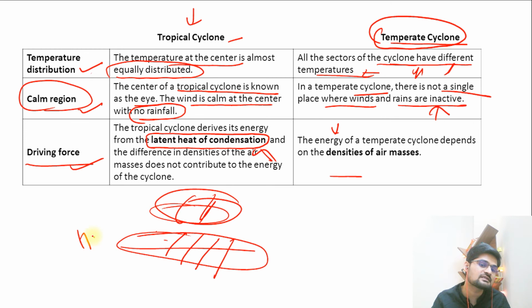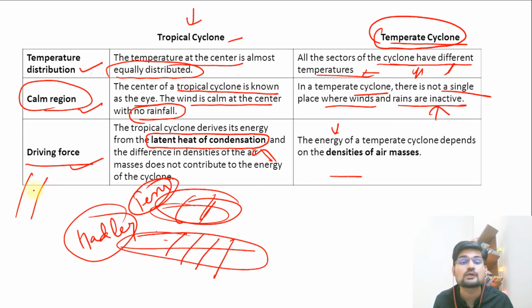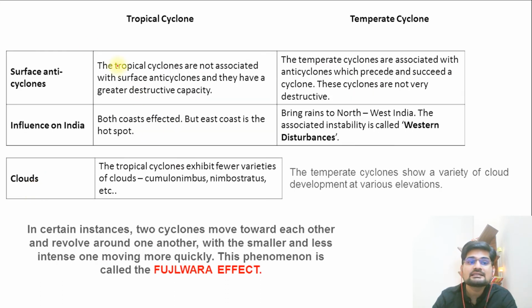This is a major difference, that one occupies Hadley cell, one occupies Ferrel cell, that is fine. But all the other parameters are also equally important when we talk about the comparison of these tropical and temperate cyclones. And finally, let's understand the final comparison table here, that is surface anticyclones and influence on India and clouds.